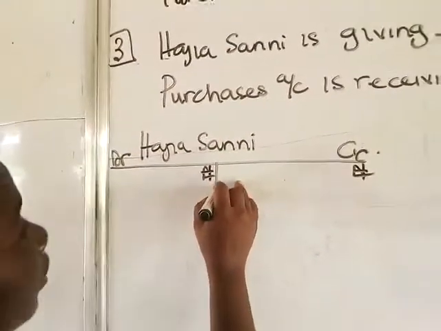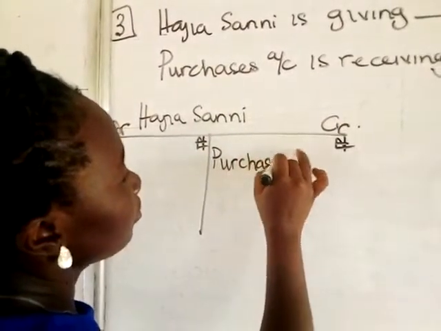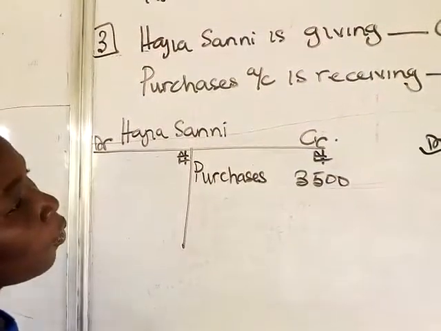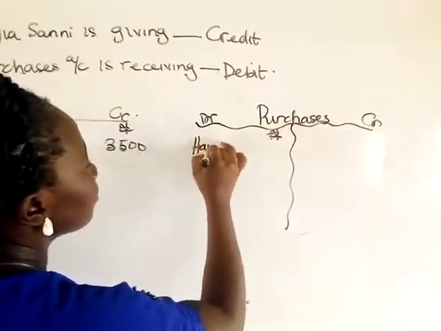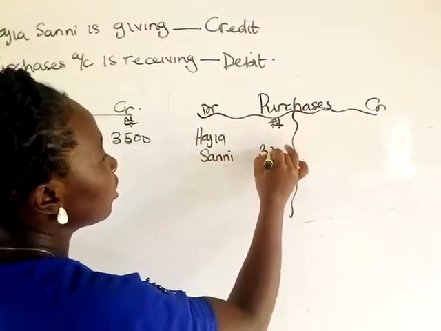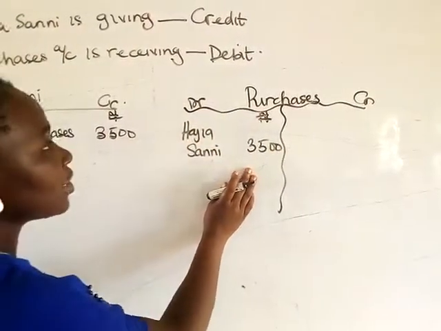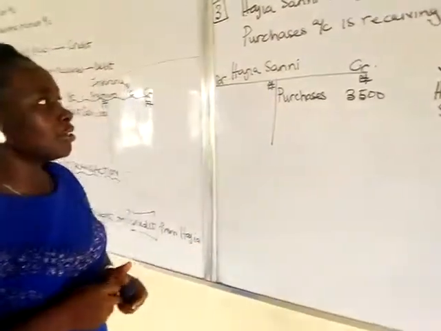I will now come down here. Haja Sunny gave to purchases the sum of 3,500, while purchases will receive from Haja Sunny the sum of 3,500. For there to be a debit entry on my purchases account, there must be a corresponding credit entry in Haja Sunny's account.